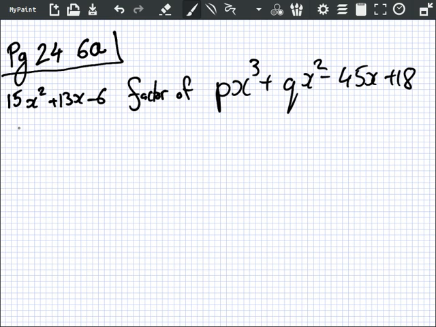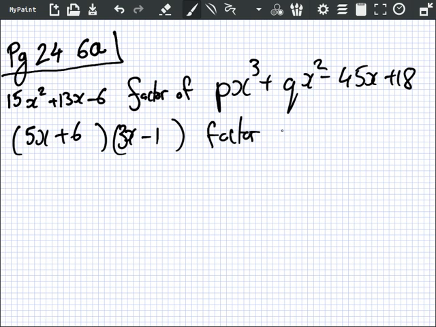What are the factors of this fella? 5x plus 6, x minus 1? 3x minus 1. Oh yeah, sorry, 3x minus 1. Is a factor of the same thing.